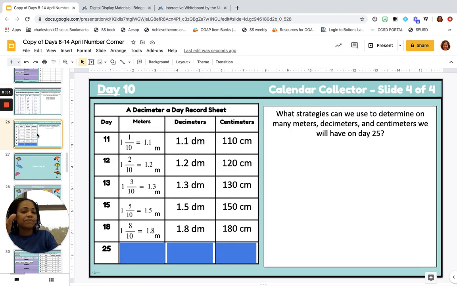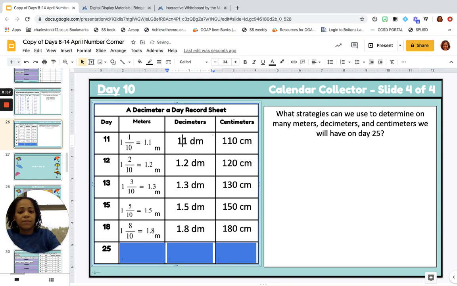Maybe I'll just leave it. We do have 11 decimeters, so I might need to change this. I'm just going to change that. Because we don't have 1 5/10 of a decimeter. We have literally 11 of them, and 12 of them, and 13 of them.